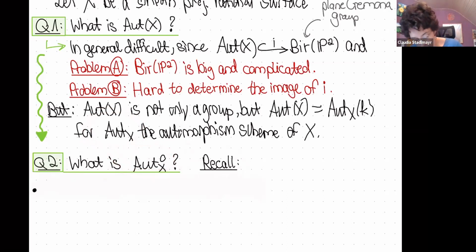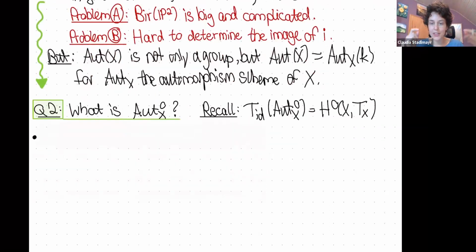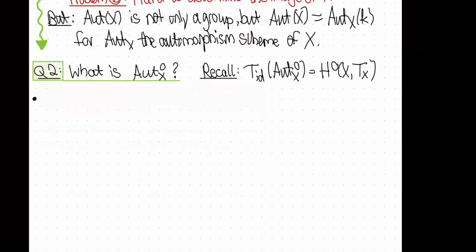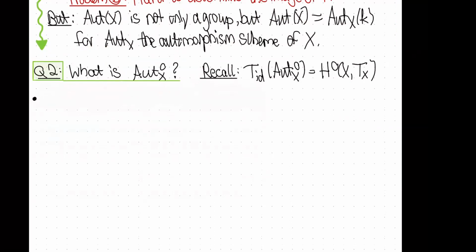For this, let me first recall that the tangent space at the identity of the automorphism scheme of X, or its connected component of the identity, are the global vector fields of X. This also explains the title of my talk, because having global vector fields is equivalent to Aut_X^0 being non-trivial. Sorry, is it correct in finite characteristic too? Yes. So this is always correct.